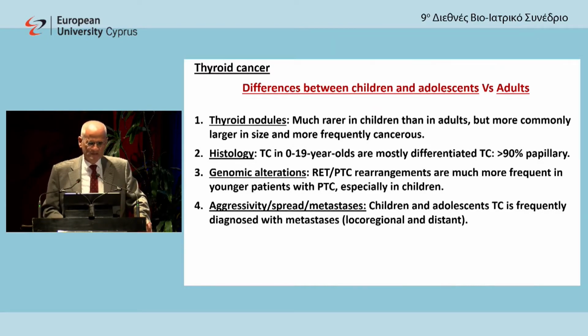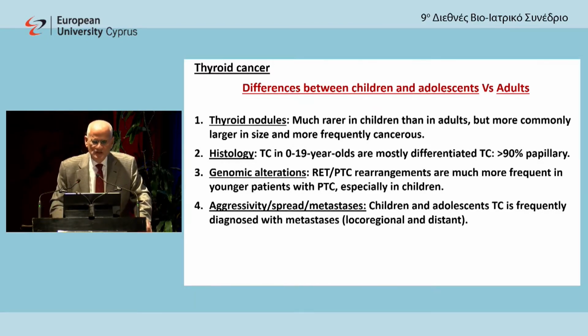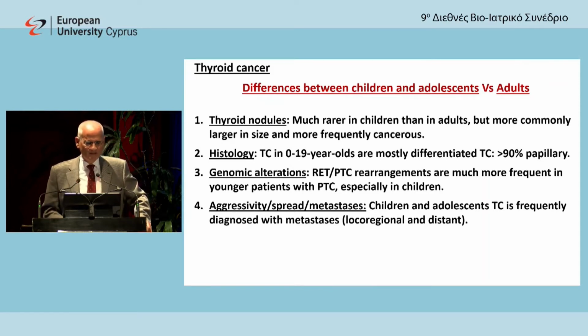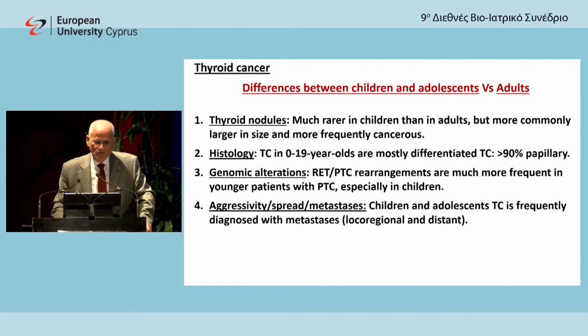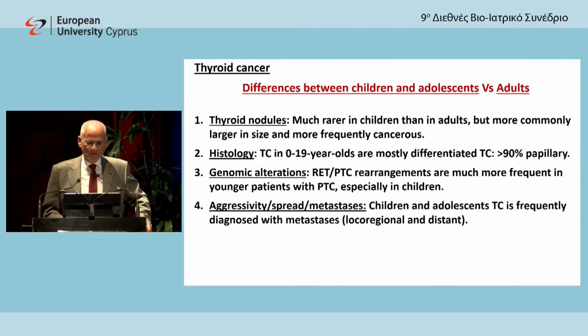Another important thing, before I advance to further presentation of the problem, is to remember always that there are significant differences between children, adolescents, and adults. Thyroid nodules are much rarer in children, but much more frequently larger in size and frequently cancerous. Histology in the 0 to 19 year olds is more frequently differentiated, with more than 90% papillary, and the genomic alterations, as I mentioned before, are different between papillary in children and in adults.